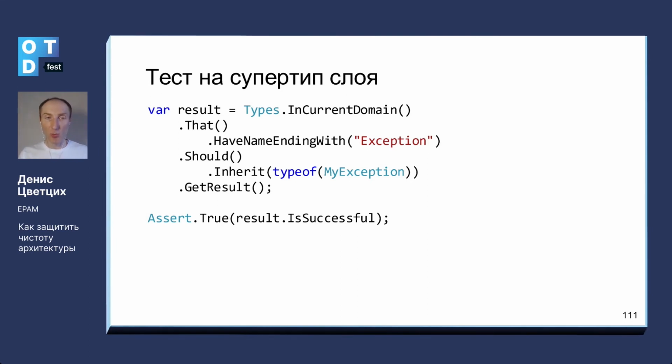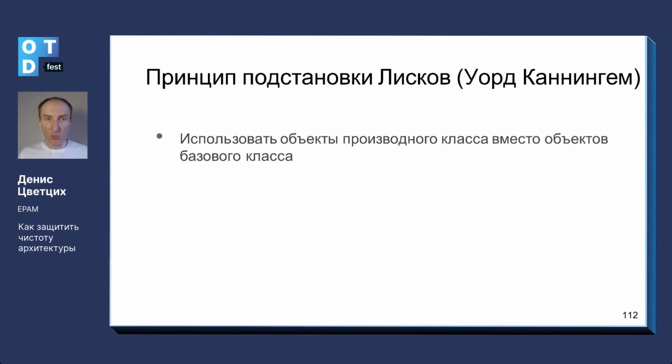We need them to inherit from our class. We check whether this condition is complied with. We need several lines of code to implement a very helpful thing for our project.